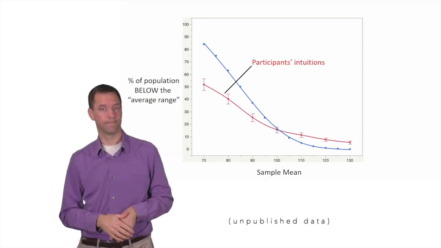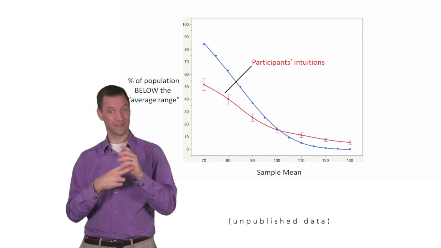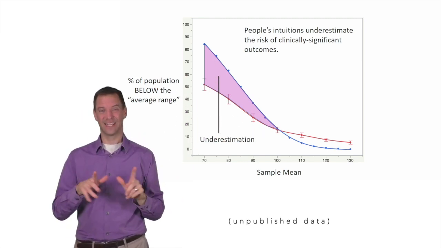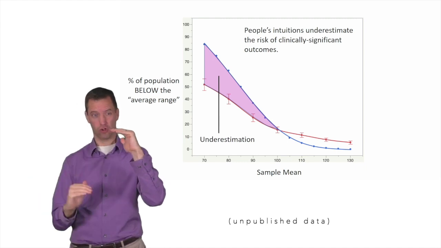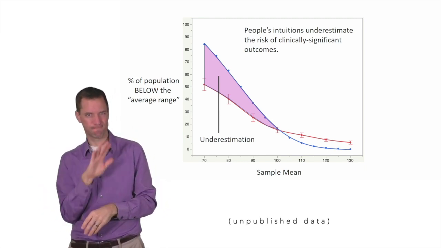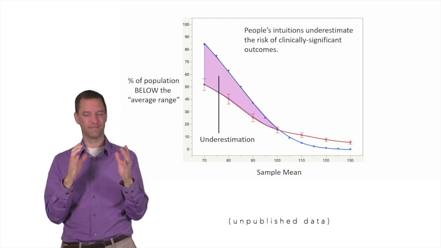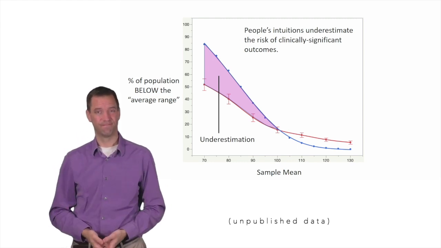And here are their responses. What this means, notice the shaded area. This is people underestimating what proportion of the population is going to be in the clinically concerning range, which means they are underestimating the amount of clinically significant risk.